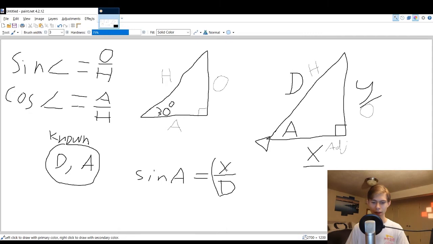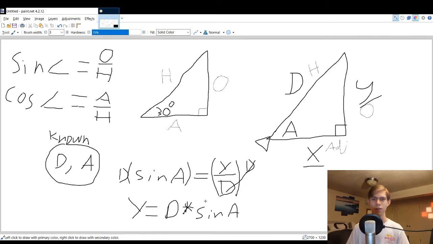Now we can isolate y by multiplying both sides by d. And so y would equal d times the sine of A. So you can see we just made this little formula for how we can calculate how far to move on the y-axis. Now let's do the same for x.